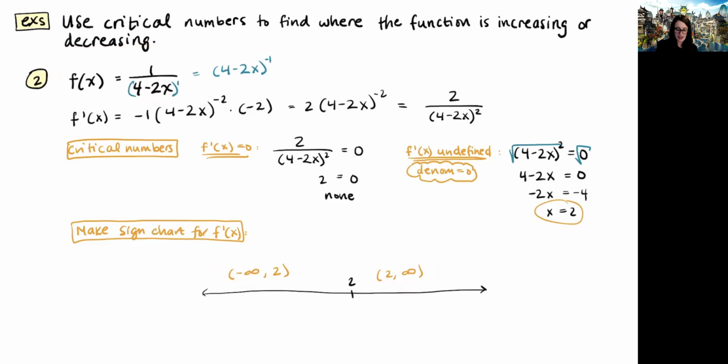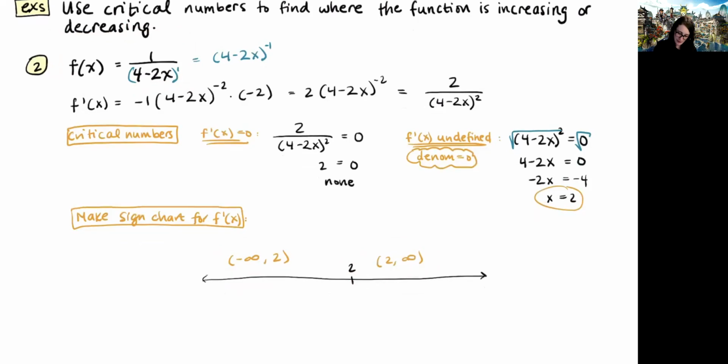The sign will be the same on either interval for all x values, but at 2, we've got an undefined derivative, so across that place, we could have a change in sign for the derivative.